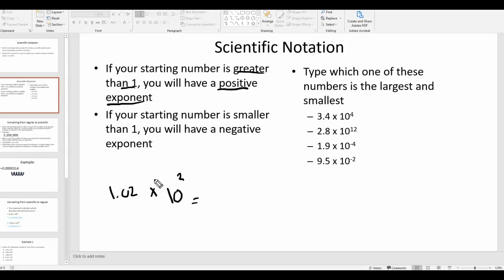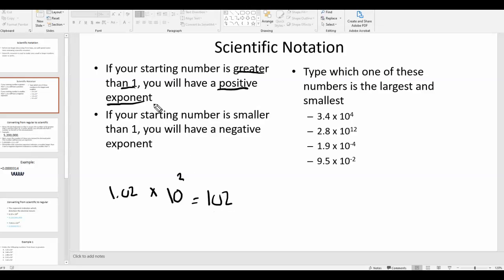Okay, so this is a number written in scientific notation. You always have one number to the left of the decimal point, and then it's multiplied by 10 to some power. If the exponent is positive, that means you have a number bigger than 1. 10 to the power 2, that is 10 squared, is 100. And if you multiply 100 by 1.02, you get 102.